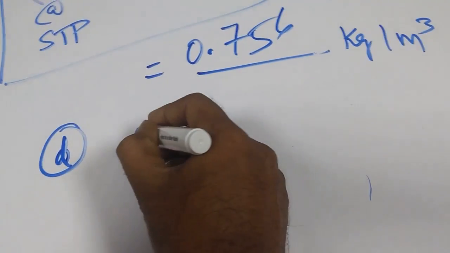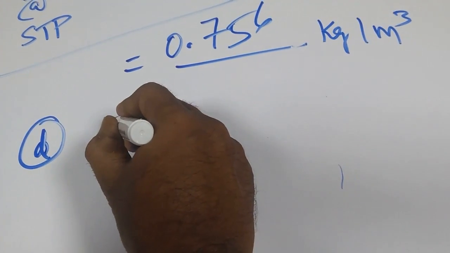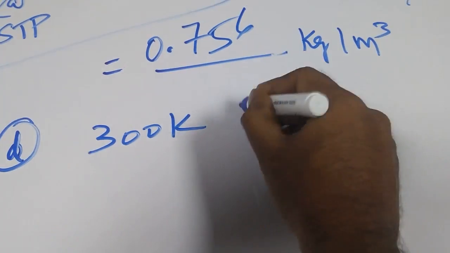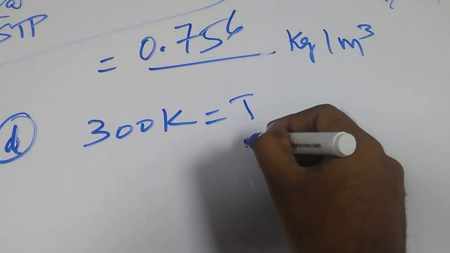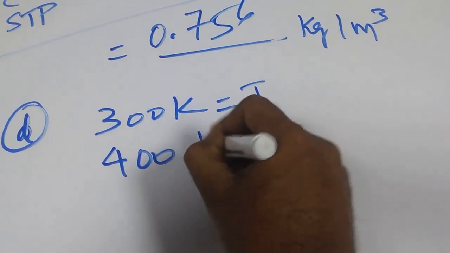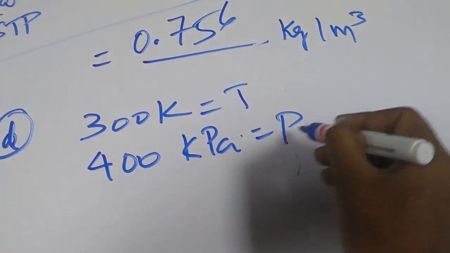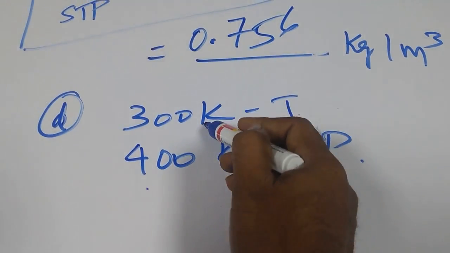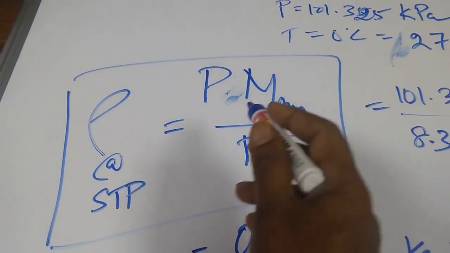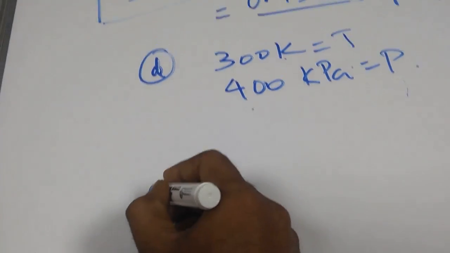In the D part, at the well conditions, the well is operated at 300 Kelvin temperature and a pressure of 400 kilopascal. The formula is density equal to Pm by RT.